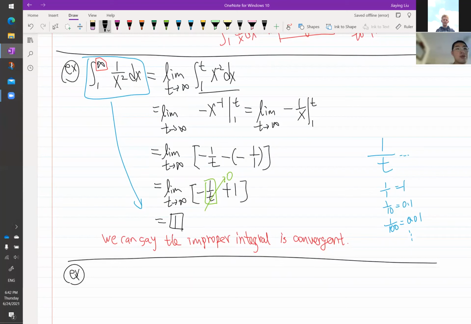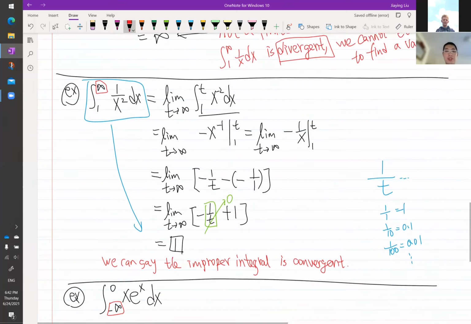All right, as we think about your questions, I'm going to write down the next example, which is integrating from negative infinity to 0 of x e to the x. This integral doesn't have infinity, but it has a negative infinity in the interval of integration.